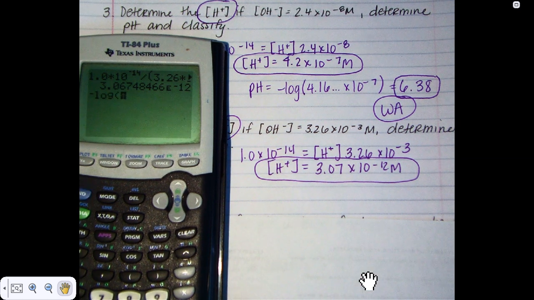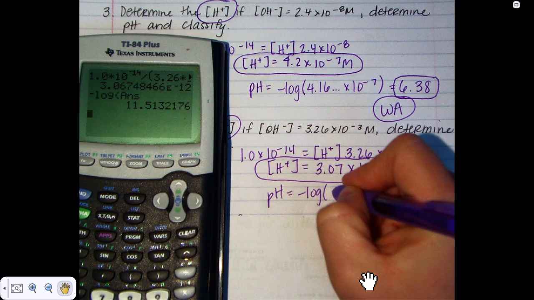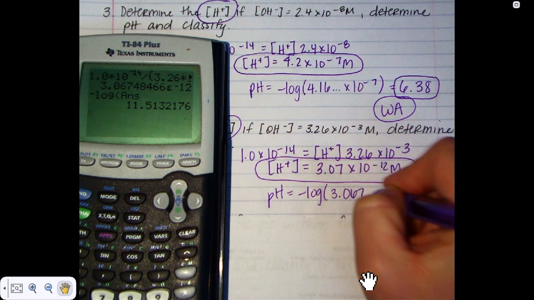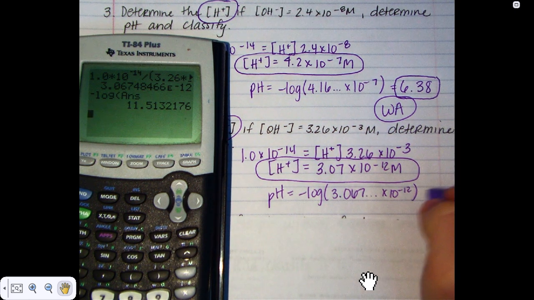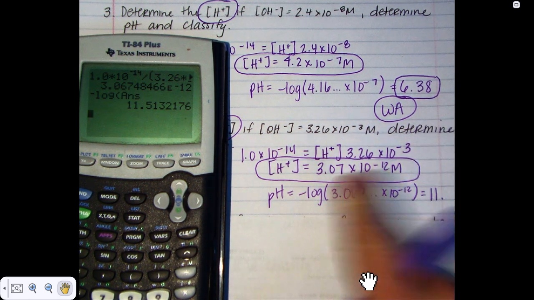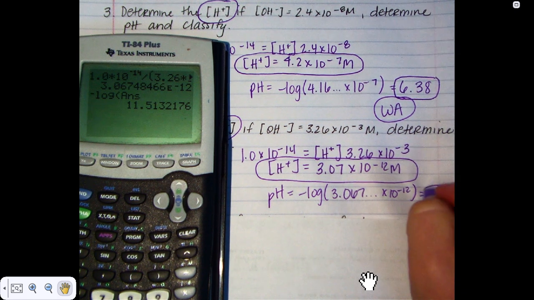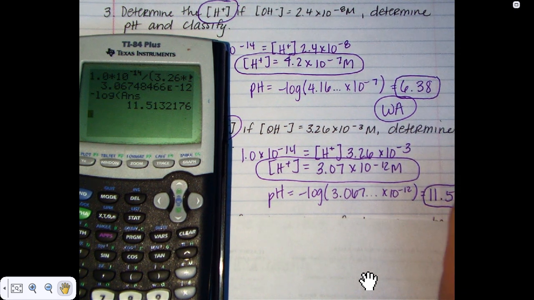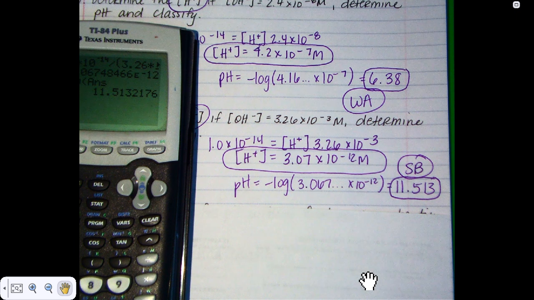Negative log, second answer. And that's going to give me, let's see, 11, and then 3 sig figs, so 3 decimal places, 513. And that is greater than 10, so that is a strong base.